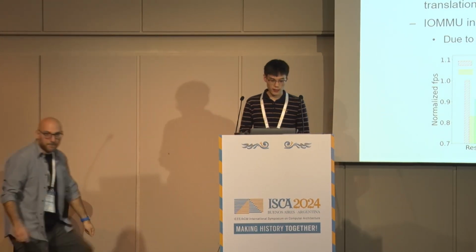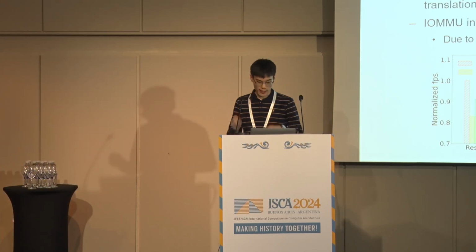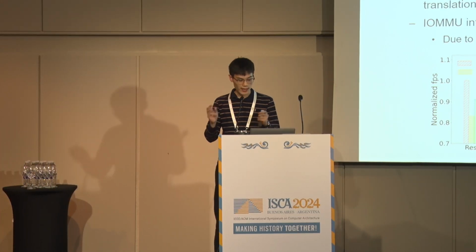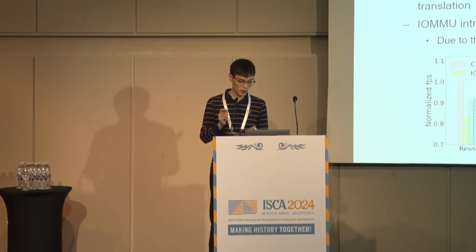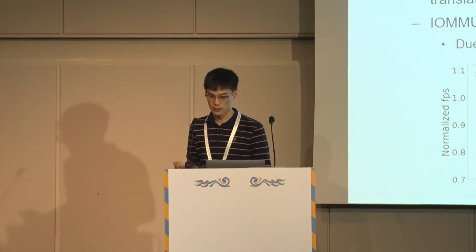Yes. Even if we use huge pages, there is still some overhead related to LMU. This is because of the translation burst phenomenon, which means in the NPU task, it will trigger DMA operations in 1 cycle, and if there is a TLB miss, it will traverse the IO page tables, and it will cause a large latency.